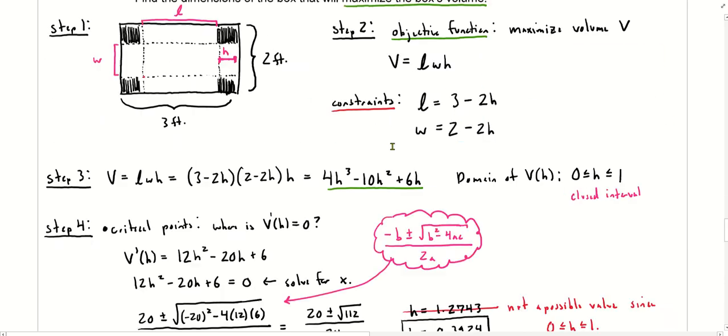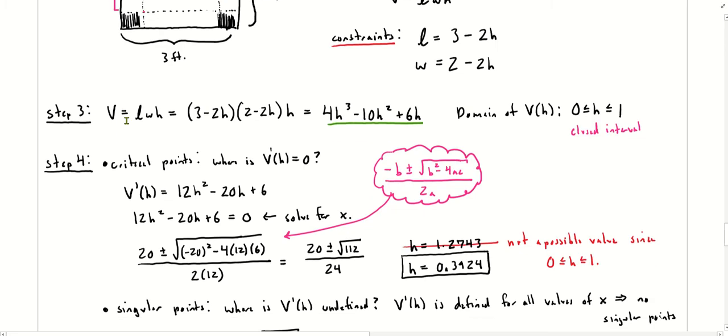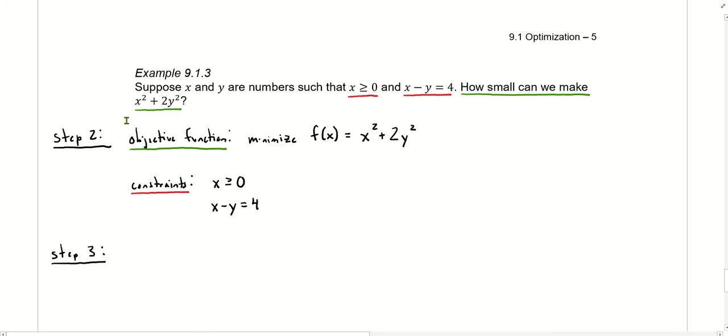Remember, step 3 is where we put together the information from our constraint equation to reduce the objective function to one variable. Right now it's in terms of both x and y. I want to get it in terms of x. You could also try getting it in terms of y if you wanted to. x is usually the default variable, so I usually stick with that if I have to solve something to be expressed as a single variable.